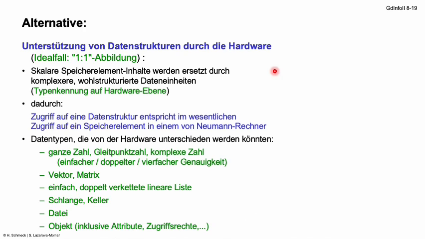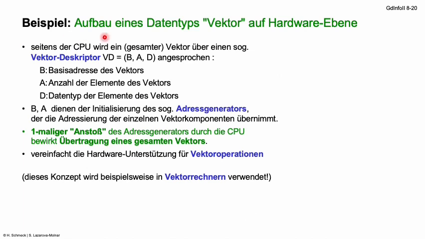And here we have a conceptual example of building a data type vector at the hardware level. On the part of the CPU, an entire vector will be addressed through a so-called vector descriptor, which contains 3 elements. B is the base address of the vector, A is the number of elements in the vector, and D is the data type of the elements in the vector.